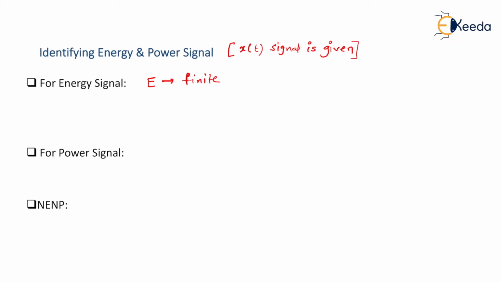Now, to talk about power, first of all, we'll establish the relationship between power as well as energy. Power is always energy upon T, where the limit T is tending to infinity. This is the relation between energy and power, and from the given formula also one can identify this relation is correct.